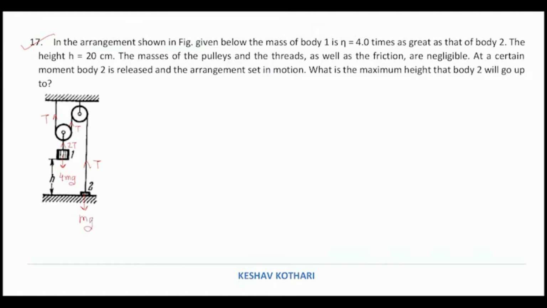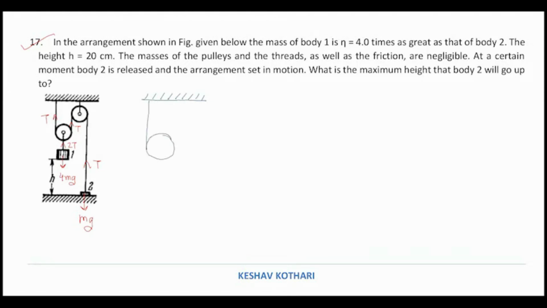Now the next thing we wish to establish is an equation between the accelerations of the two masses. So I am redrawing this system to get a clear picture of how it is going to behave.